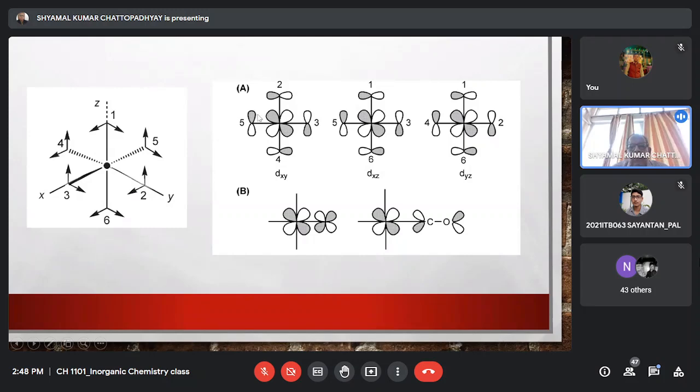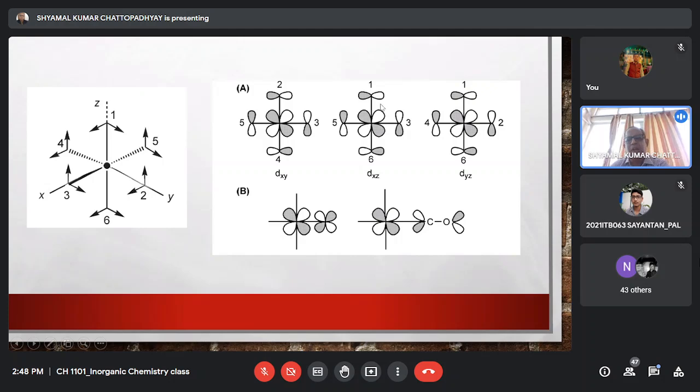So the dxy orbital can laterally overlap with 4 p-pi orbitals, and this lateral overlap will lead to pi bonding. Similarly, consider the dxz orbital. In the xz plane, what are the ligands? 3, 5, 1, and 6.